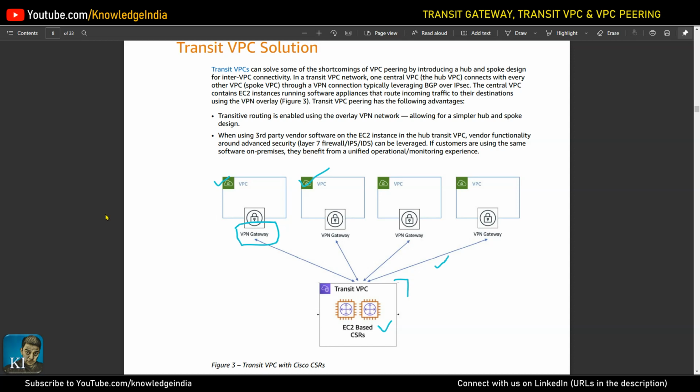So people were doing this model earlier, but with Transit Gateway coming into the picture, people are moving towards Transit Gateway because Transit Gateway is a managed solution and you don't have to get into any third-party software installation, right? And of course there are other benefits as well. So now let's look at the Transit Gateway setup.